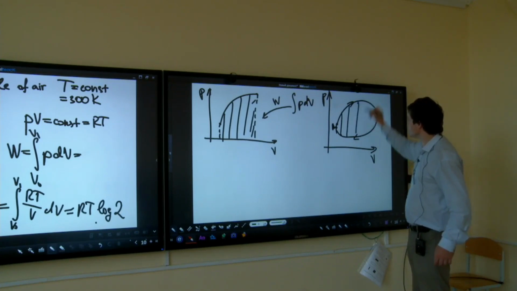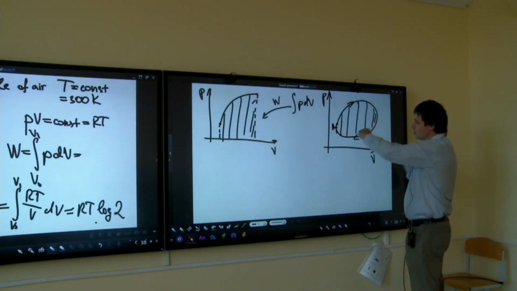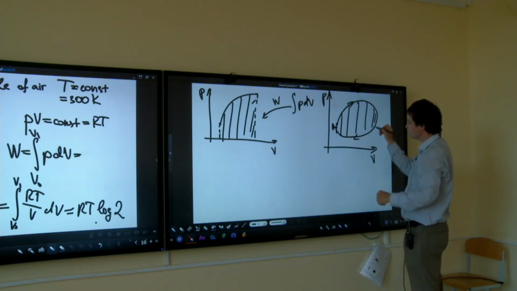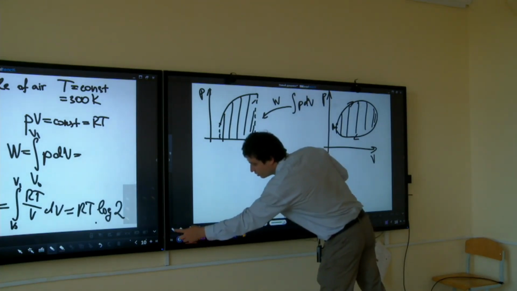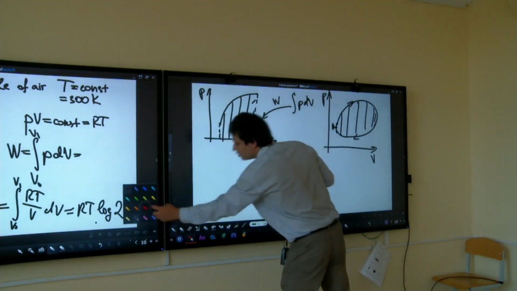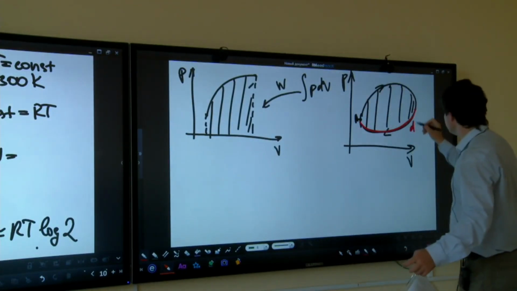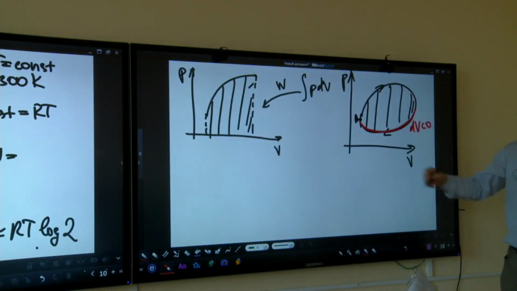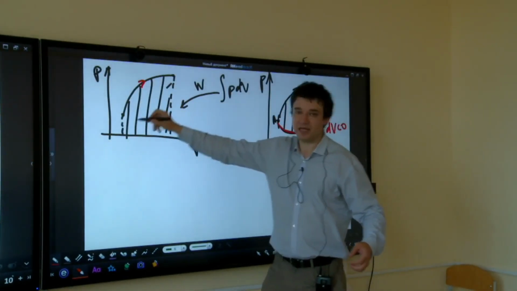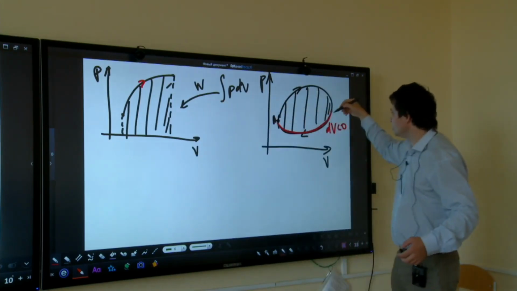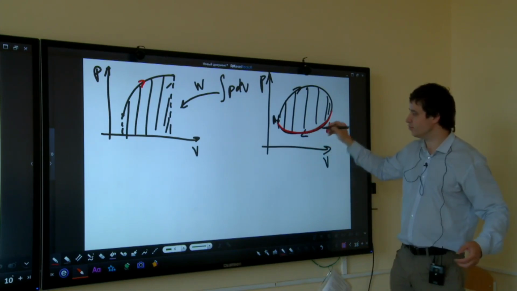This part which goes below is subtracted, because when I increase volume, I add the area, but when I go in the backward direction, I subtract the area below the plot.